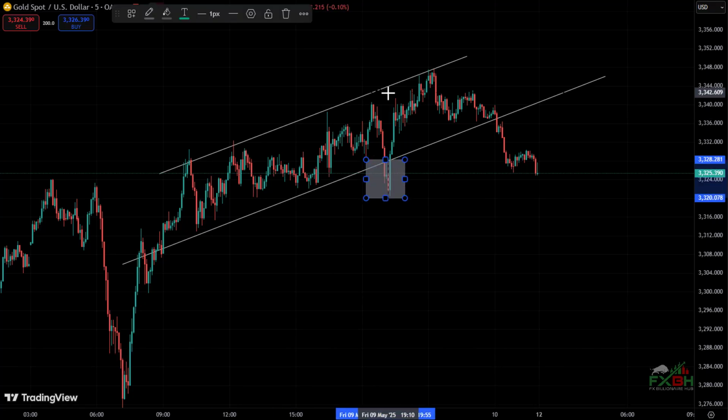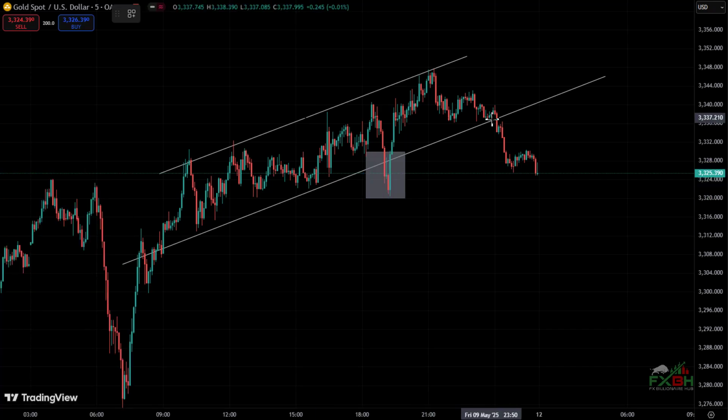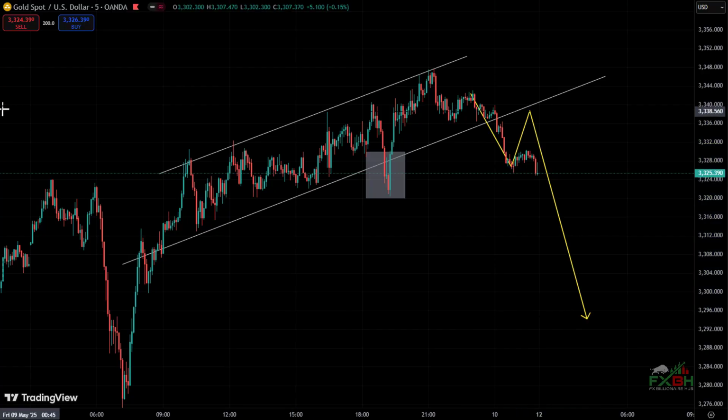That means the channels are not 100% accurate, so I apologize for that. This particular rectangle is a fake breakout, and the market is following this channel. At this point the market gives us a breakout and we have to wait for the pullback. Then we can take a sell entry on the 5-minute time frame in that particular area.